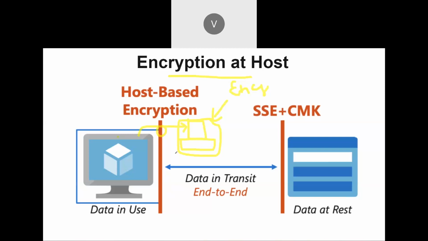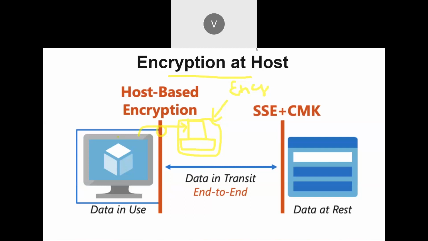Right now Azure is offering a new feature called encryption at host, where even that physical storage device is also encrypted. If you enable this option, the data you are sending is not only encrypted, but the entire physical storage disk is also encrypted.